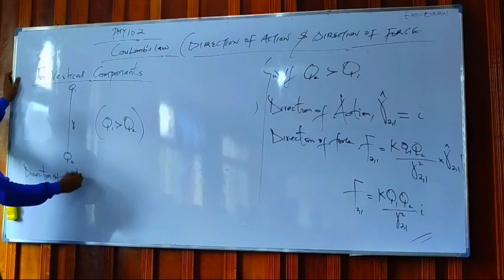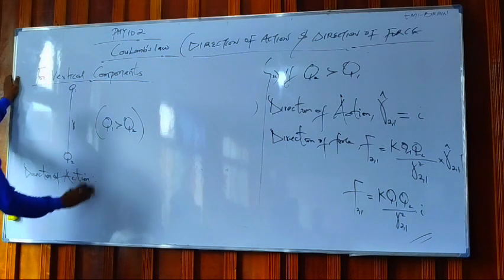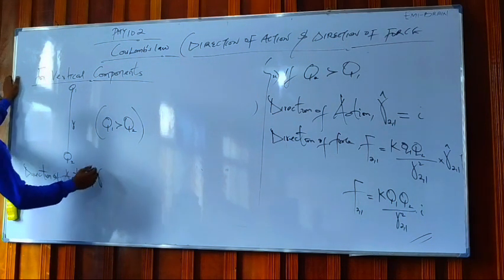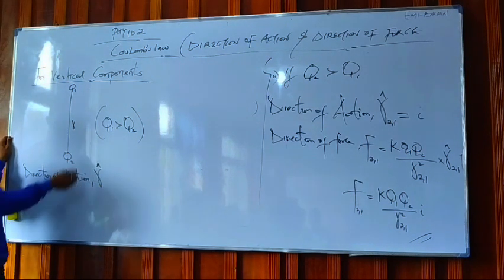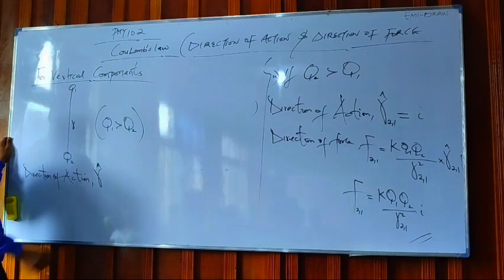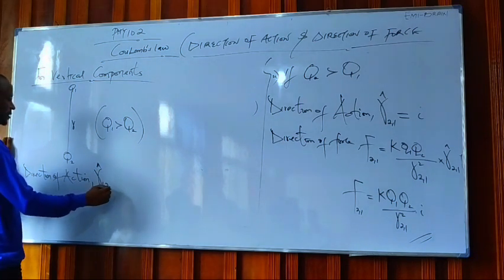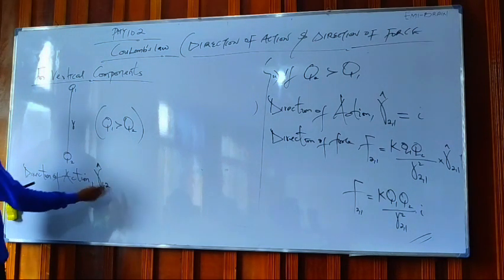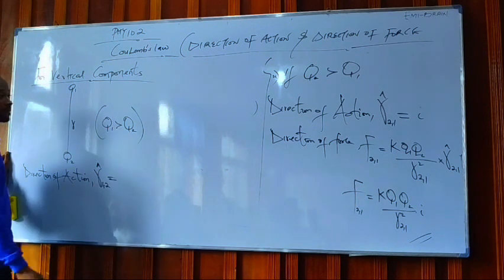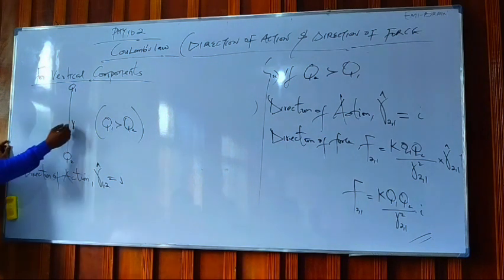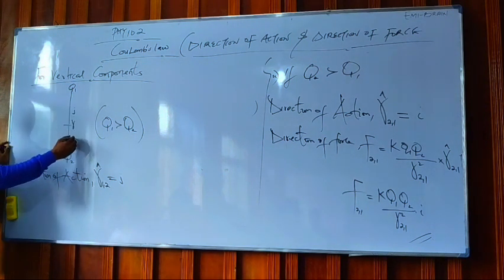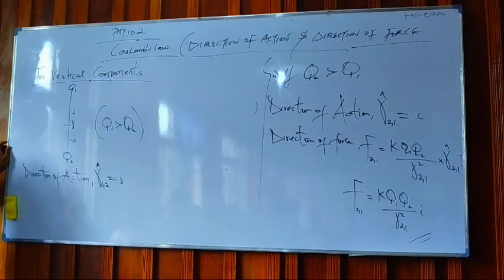It is the unit vector of action 1, 2, meaning from 2 to 1. What's the answer? J. Okay, what is J? The Y component is positive J and negative J. What's the next one?